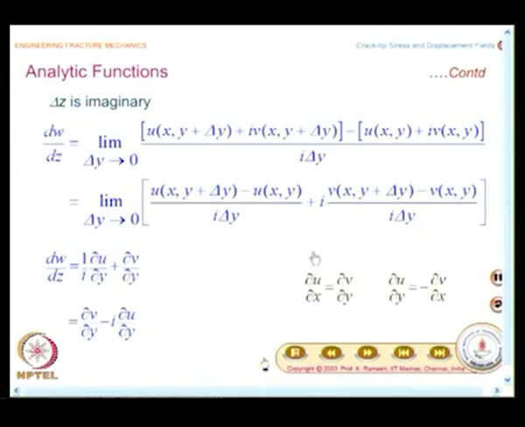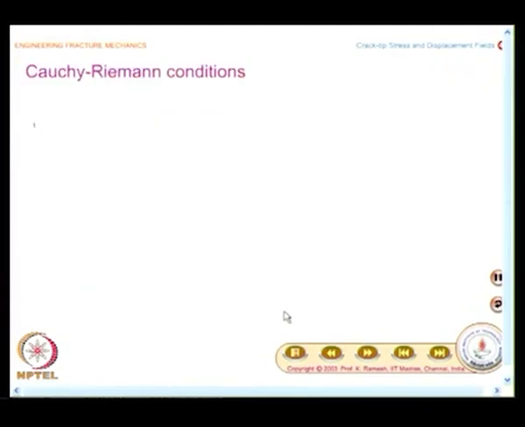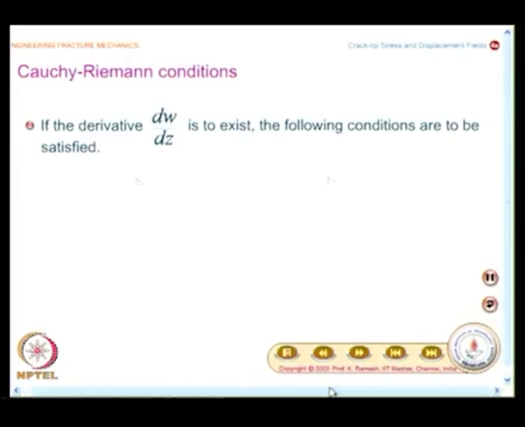So, there has to be some kind of an interrelationship between the partial derivatives, and this is what is summarized in the next slide. These are famously known as Cauchy-Riemann conditions.